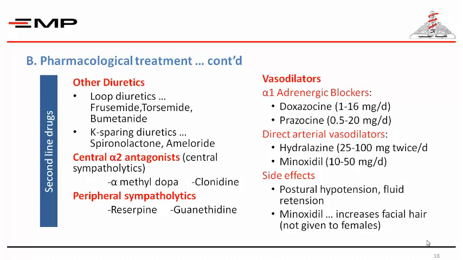Start with other diuretics like loop diuretics, furosemide, torsemide, bumetanide, and potassium-sparing diuretics, spironolactone, amiloride; central alpha-2 antagonists or central sympatholytics like alpha-methyldopa or clonidine; peripheral sympatholytics like reserpine and guanethidine; and vasodilators, whether direct arterial vasodilators or alpha-1 adrenergic blockers like doxazosin or prazosin.